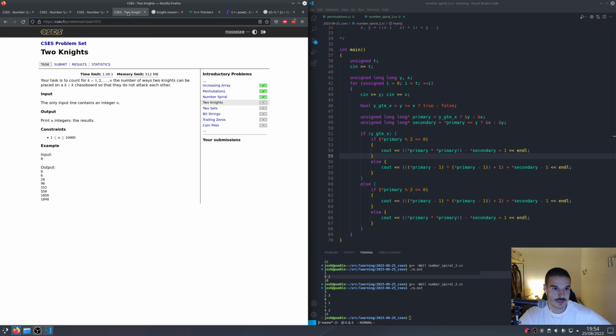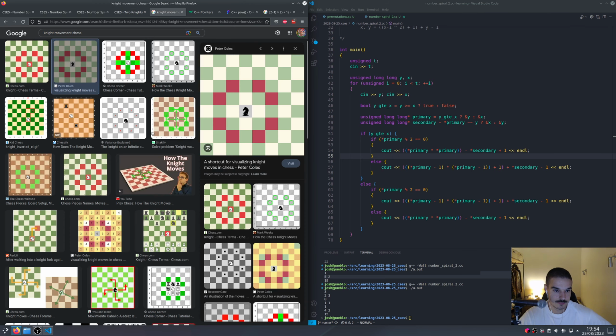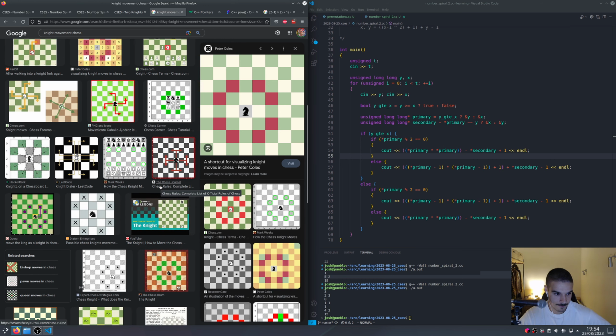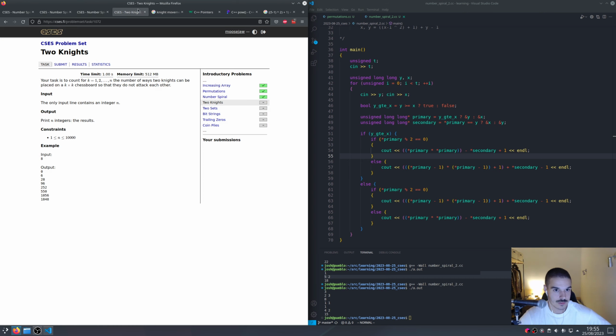Now, what's interesting here is that I thought that knights can only move like that. So I'm a little bit confused as to why on a 2 by 2 chessboard there's 6 ways knights can be placed so that they don't attack each other.